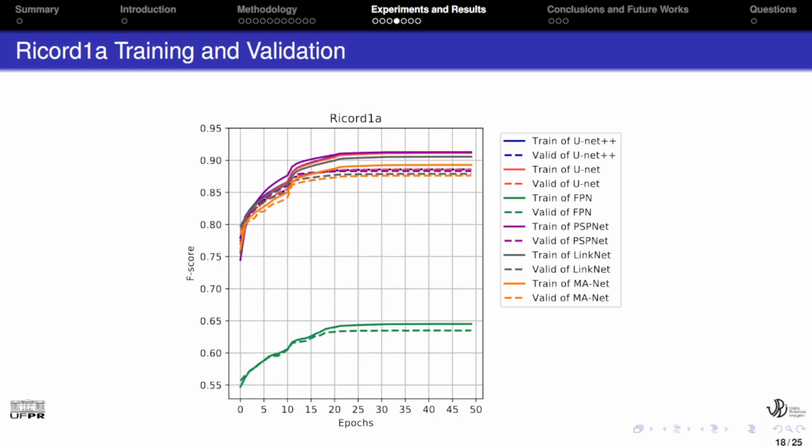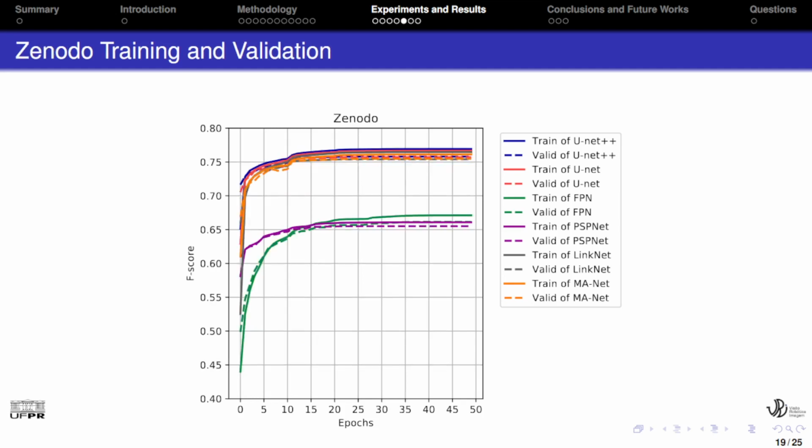In the fourth dataset, with exception of the FPN, all models achieve very good results. This dataset is the largest dataset in number of images, which helps the network's learning process. The networks also achieved good results in the last dataset, with exception of the FPN and the PSPNet.